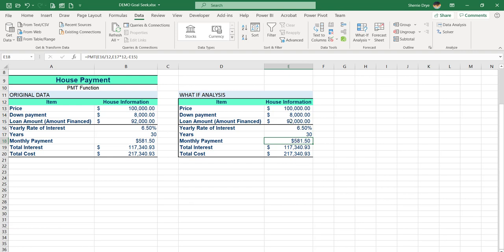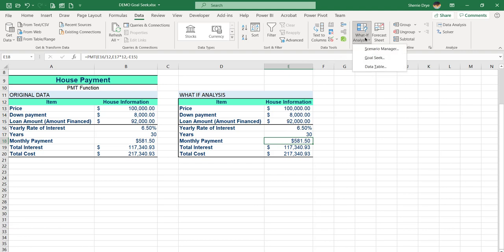There are a couple of things you need to remember with GoalSeek. Again, you can only change one value in order to meet your goal, right? So if my goal was $800 for the monthly payment, I can only change one other value here at a time. So I changed the price of the house.